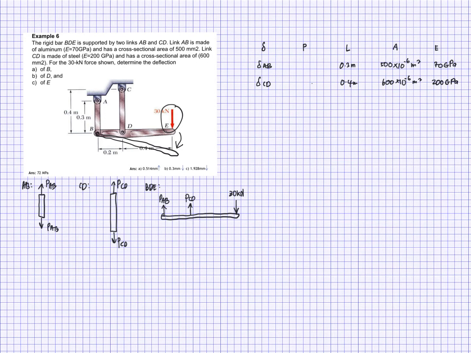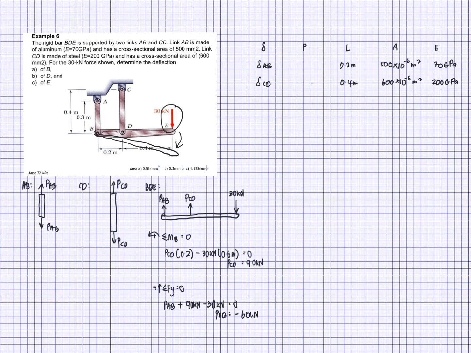So now we have to find the value of P. Based on the FBD for BDE here, we apply the static equilibrium equation, which is summation of moment at point B equal to 0. So we can get PCD equal to 90 kilonewton. Next, summation of Fy equal to 0. Then we can get PAB equal to negative 60 kilonewton.